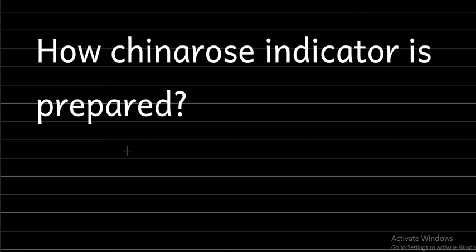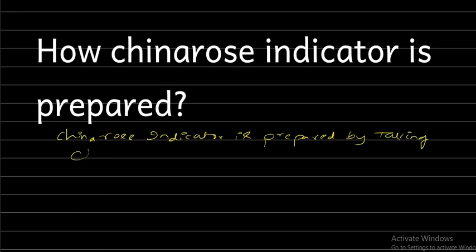How is China rose indicator prepared? See, in my last video I had told how you can prepare the China rose indicator, right? China rose is nothing but a hibiscus flower. China rose indicator is prepared by taking China rose with warm water.